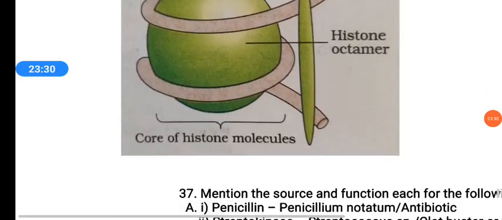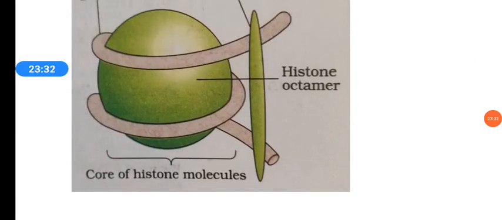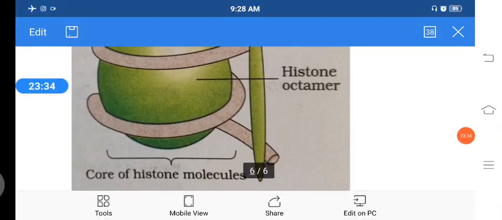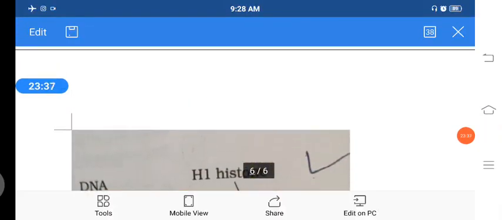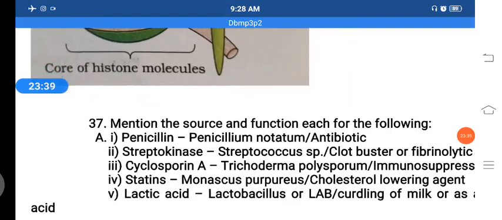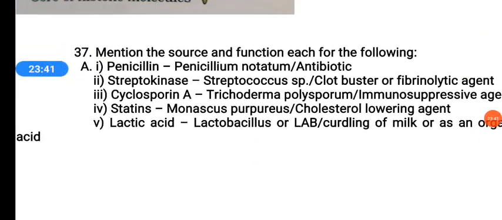Okay, this is about the structure of the nucleosome model. Next, mention the sources and functions of each of the following. Penicillin, from Penicillium notatum, is an antibiotic.